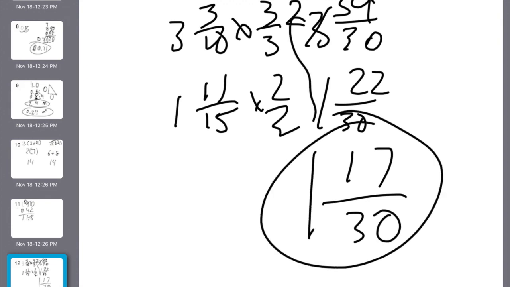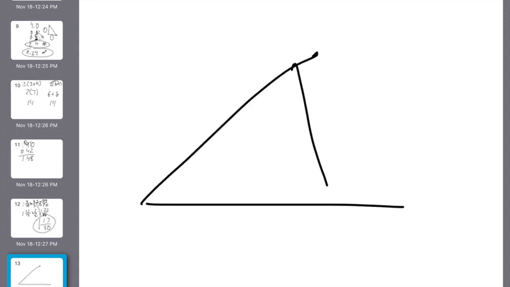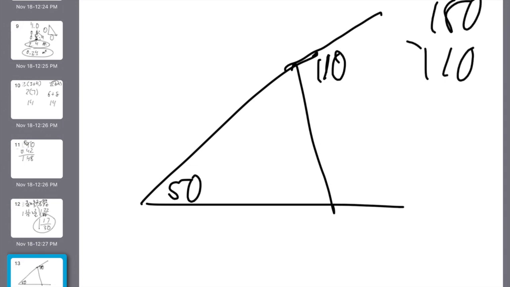1 17/30. 29, find the measures. They gave me 50. They also gave me 110, guys. So the first thing I do is I start up here to get A. 110 is on a straight line, so I subtract it from 180.